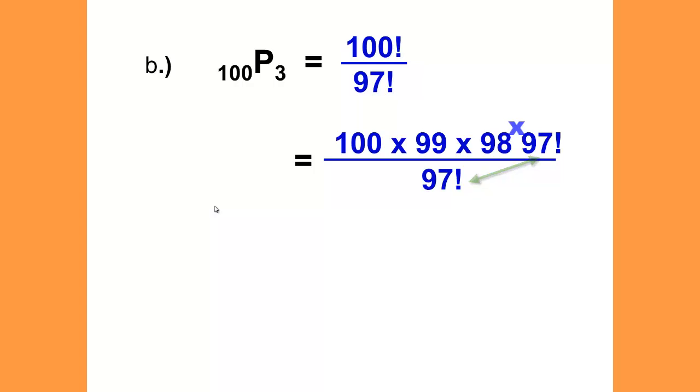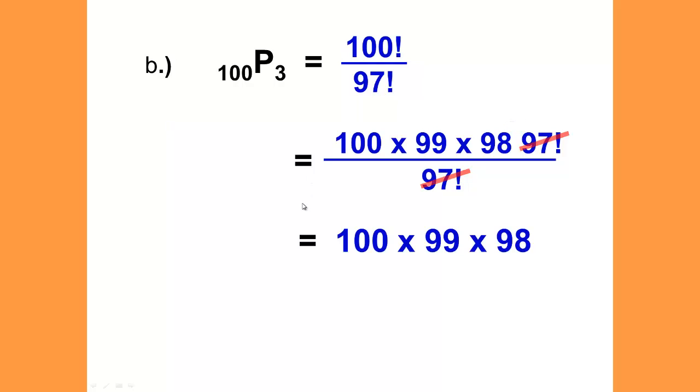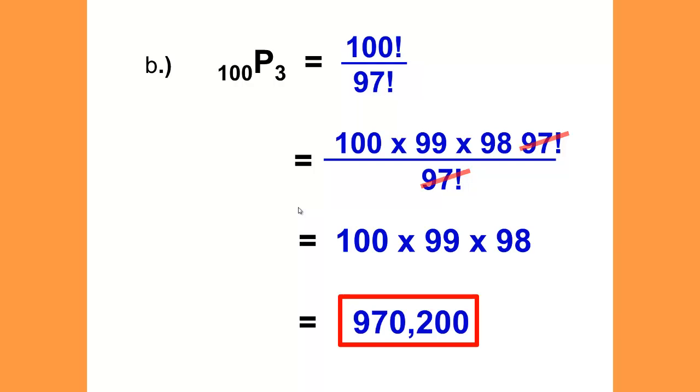I notice now that she's left out the times in that last one. If I can, I'll slide it in there, but it may look a little different. The 97s then cancel out, and we are left with 100 times 99 times 98, which, like I said, is shorter. We are only multiplying 3 things, and that multiplies to be 970,200.